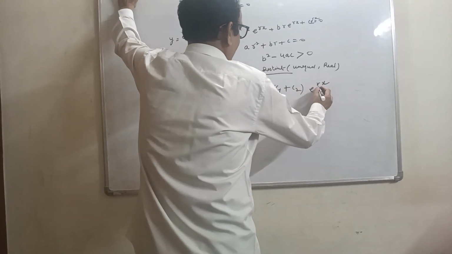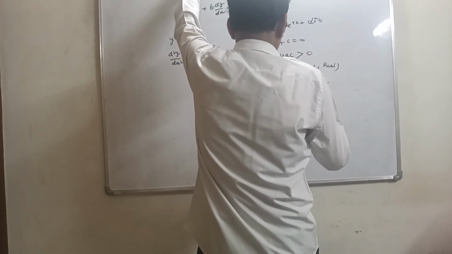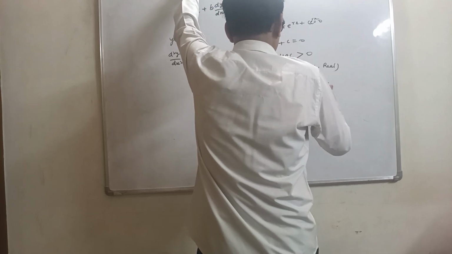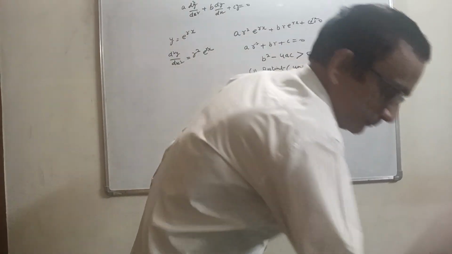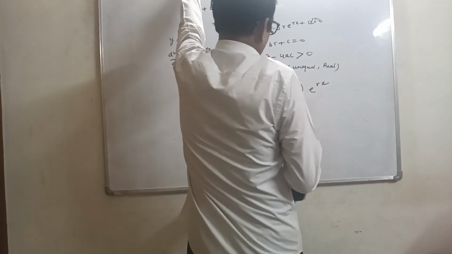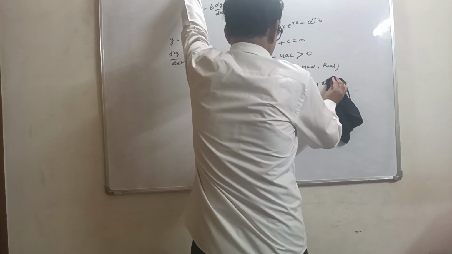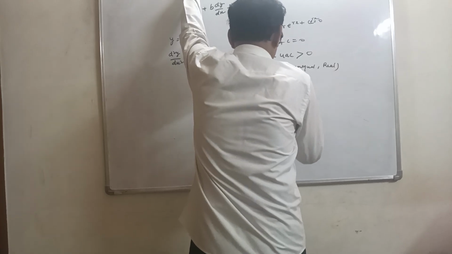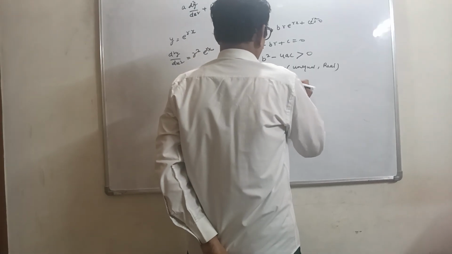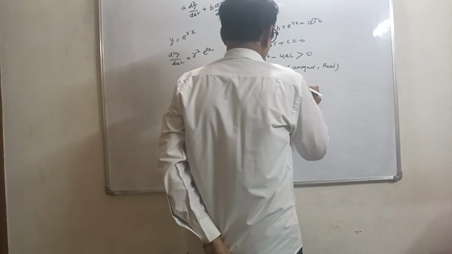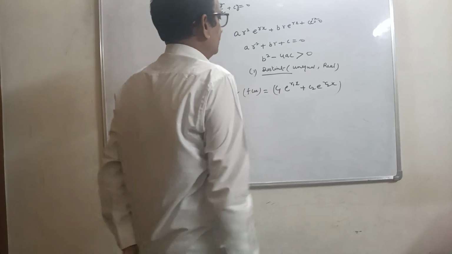Sorry, this is the root: c1 e raised to power r1x plus c2 e raised to power r2x, where r1 and r2 are the two roots. R1 and R2 are two different, unequal roots.